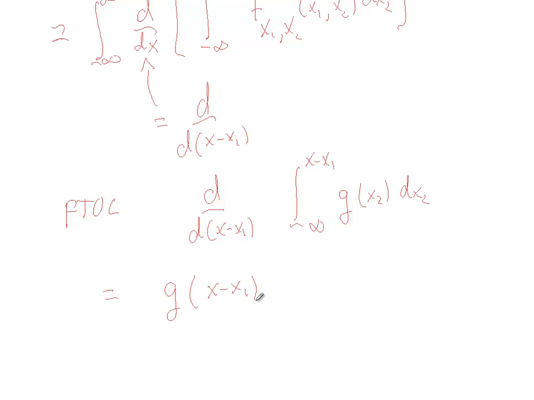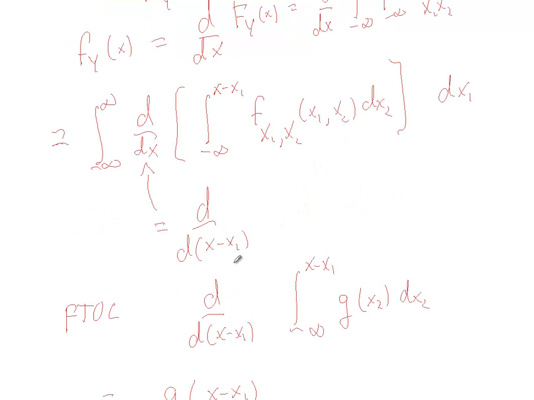You're not used to seeing it with x minus x1, but you're used to seeing it with x here and x here. These are just variables, so I can do it with any variable I want. So that's what I have here. I'm taking d of (x minus x1) of this integral. The result is I take this integrand and I replace the x2 with x minus x1.